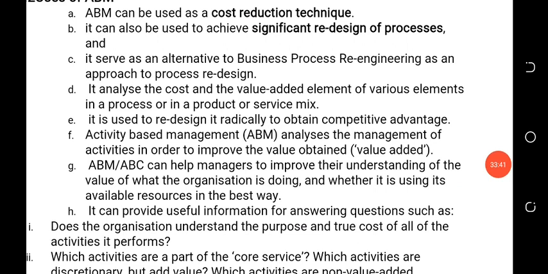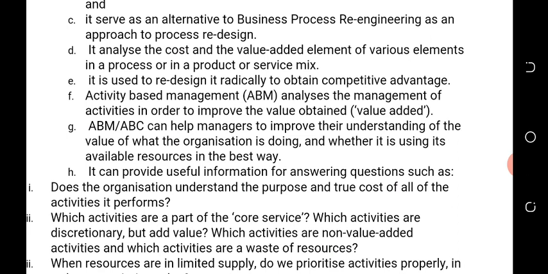It analyzes the cost and the value added elements of various elements in a process or in a product or service mix. It is used to redesign it radically to obtain a competitive advantage. ABM analyzes the management of activities in order to improve the value obtained.